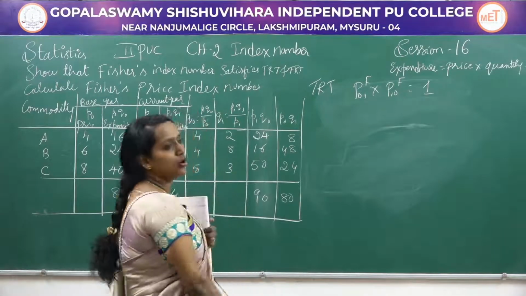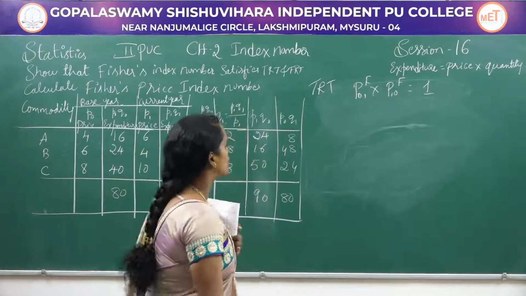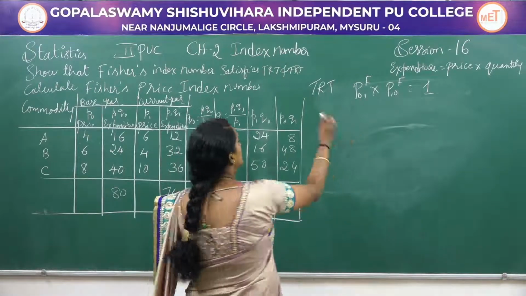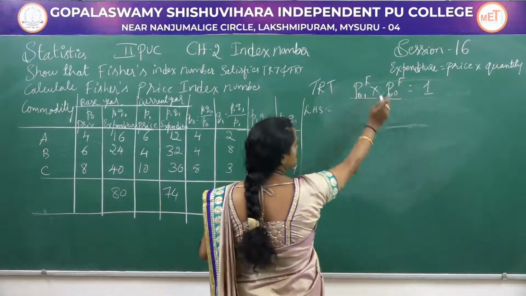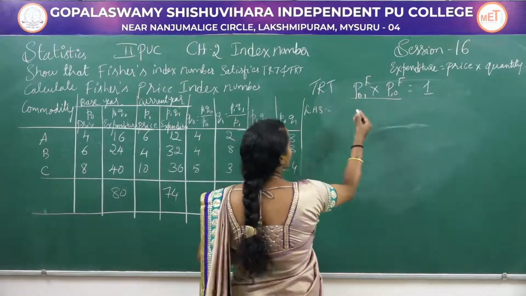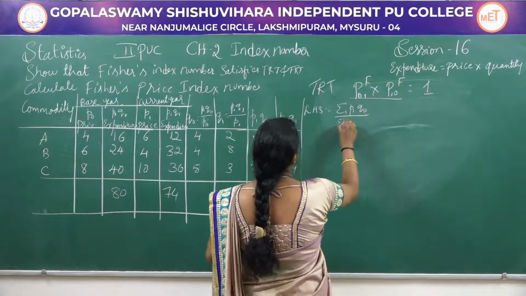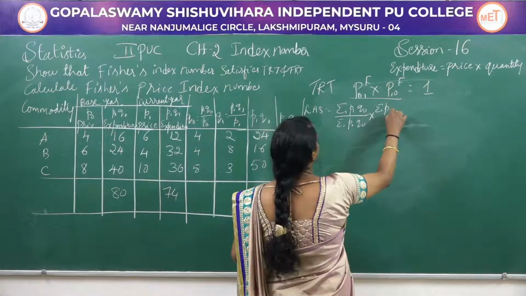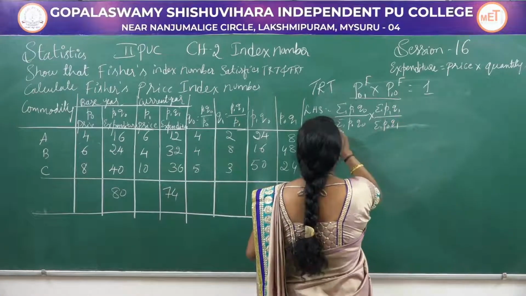We know the Fisher's price index for P01, the same formula we are carrying. First I will consider the LHS, that is P01 of Fisher's and P10 of Fisher's. I will write out the formula, the square root of summation of P1 Q naught by summation of P naught Q naught into summation of P1 Q1 by summation of P naught Q1.